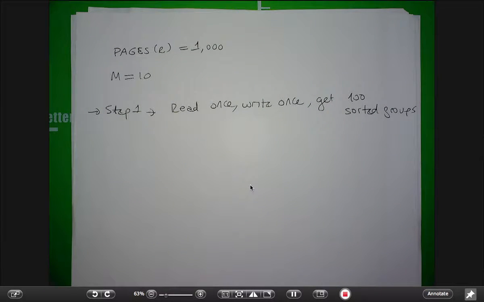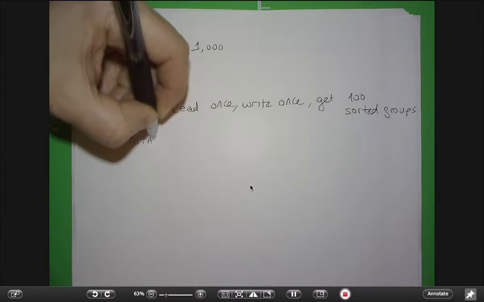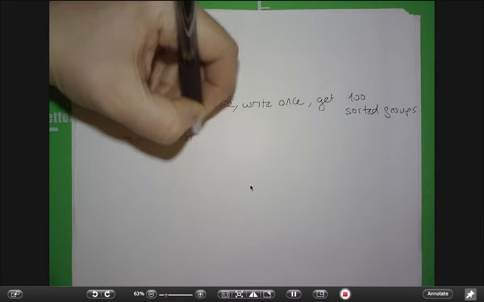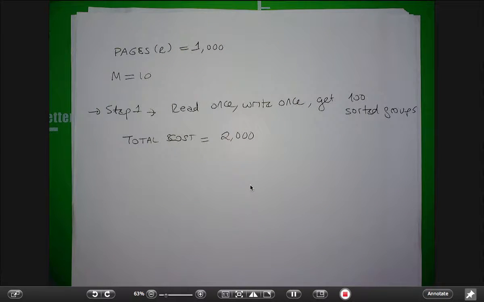And the total cost of doing that is 2,000 pages, because you had to read 1,000 disk pages and you had to write 1,000 disk pages. So you have already spent 2,000 disk page cost, and you really don't have a sorted relation. So in the next step, you want to merge.